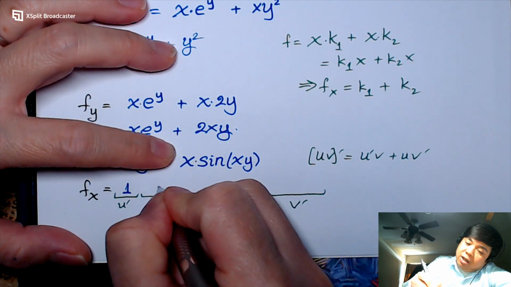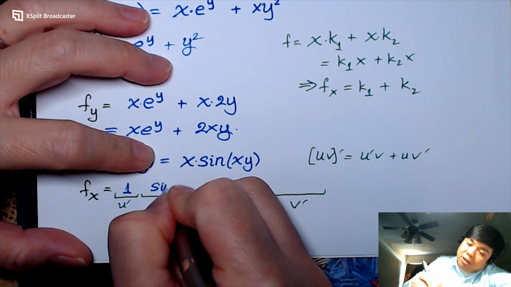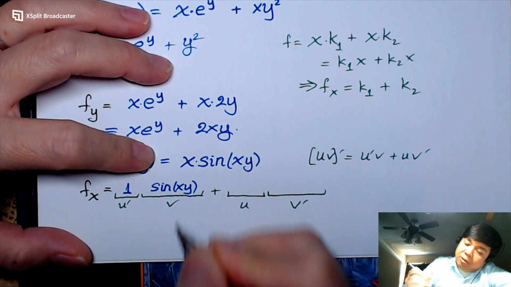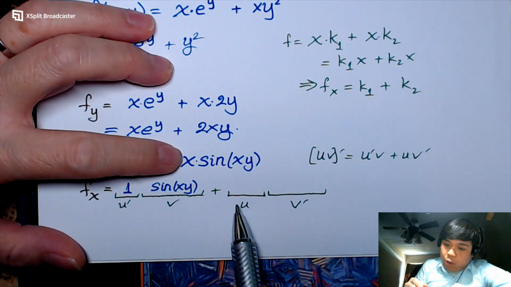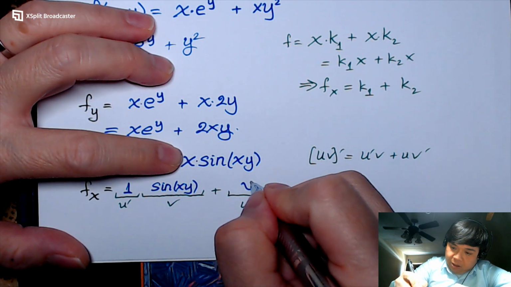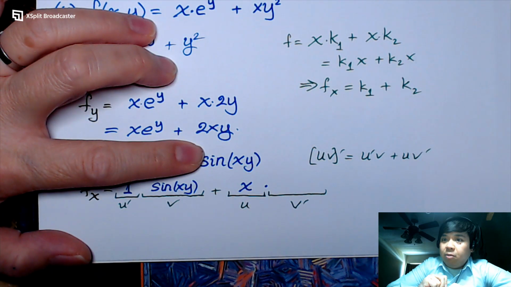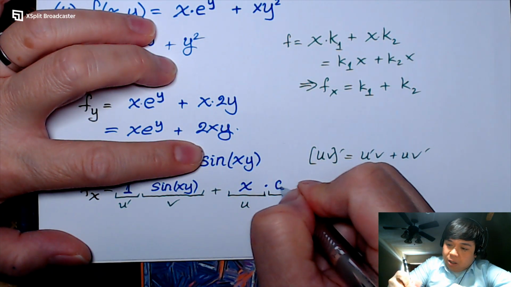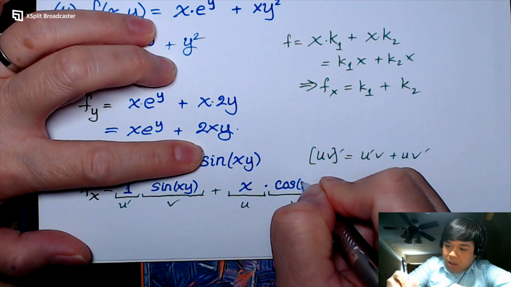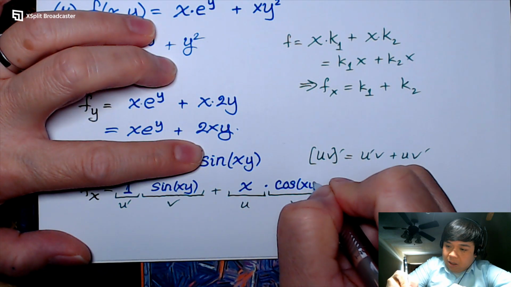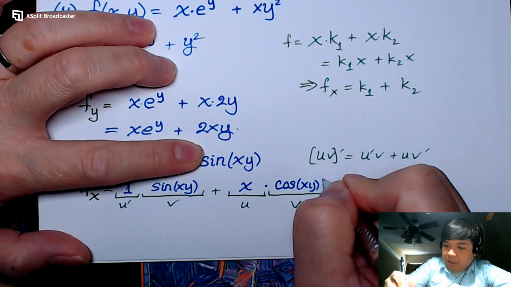And then we have v, sine of xy, plus u, which is x, times the derivative of sine of xy, that is cosine of xy, and then the derivative.